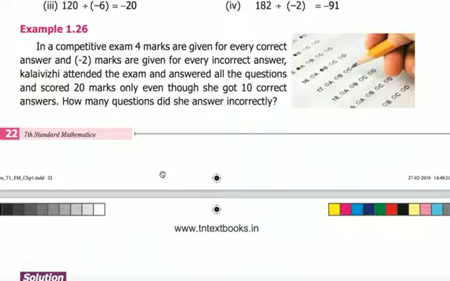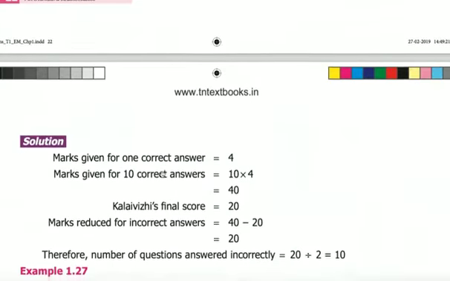Totally she should have got 40, but 20 marks were reduced, right? 20 marks reduced means she answered incorrectly. How many questions did she answer incorrectly? That is the question. 40 questions? No, not 40. 10 questions only. 10 is the answer.